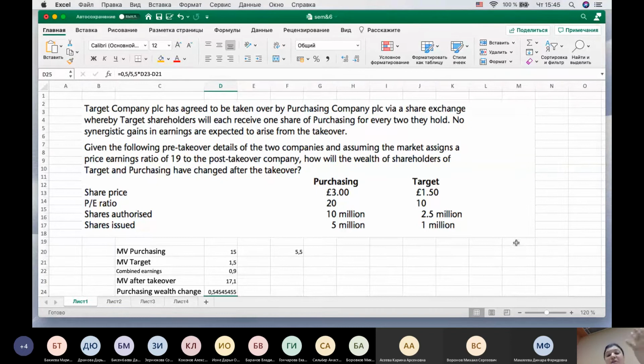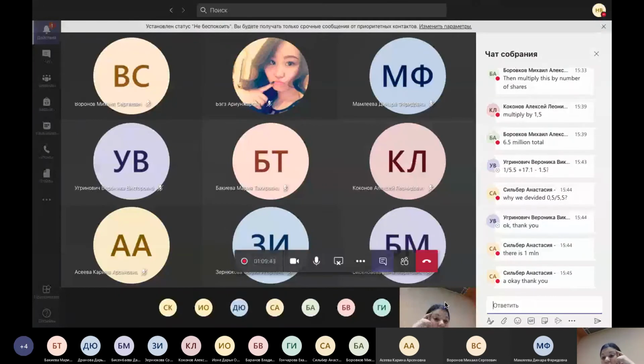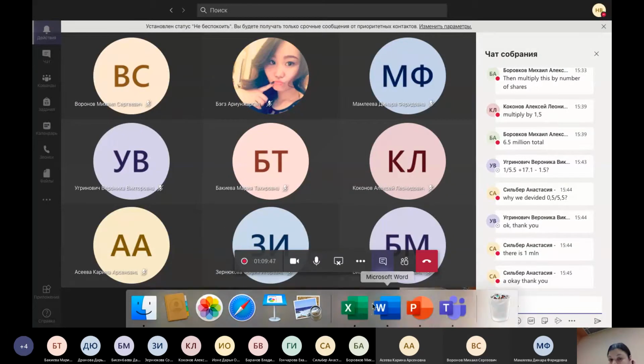So why did the new amount of shares for target shareholders become 500,000, or 0.5? That's all. Thanks a lot for your answer.